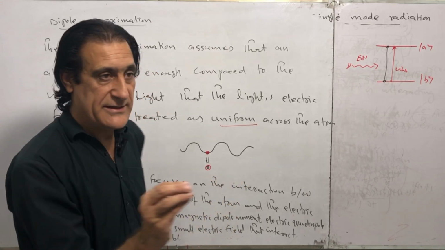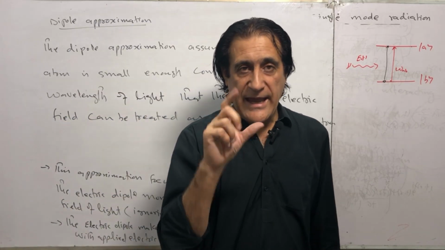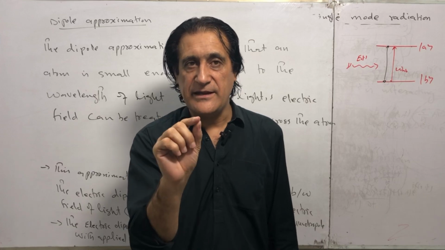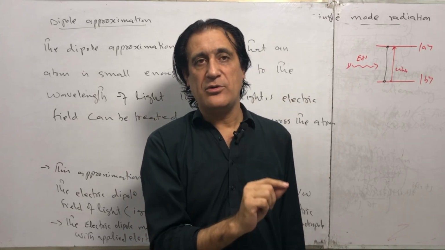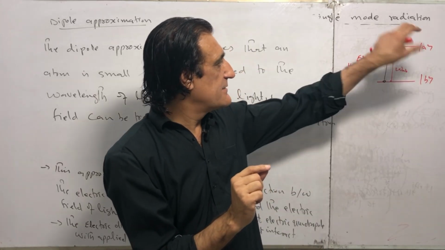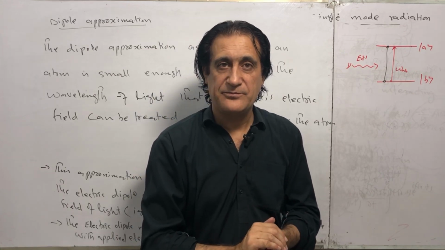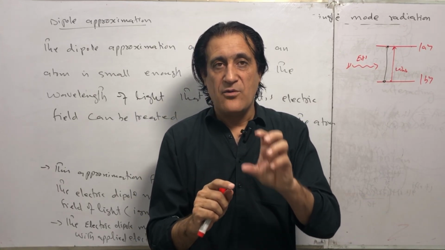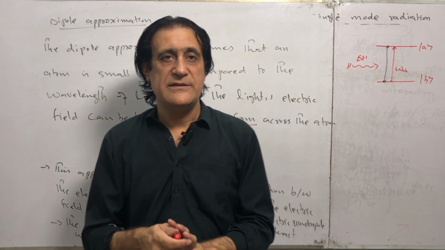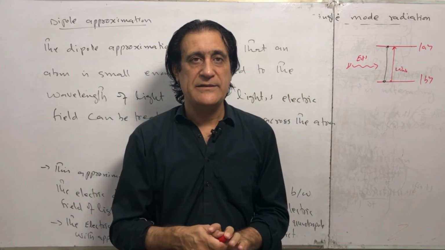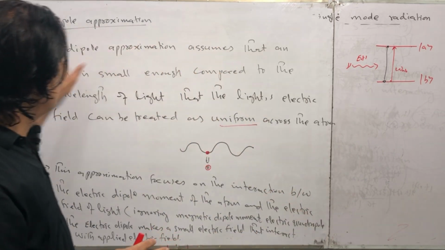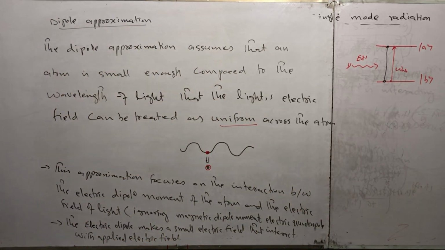So this is the point. Actually, the electric field interacts with the dipole of this system. So this is the approximation because we ignore the magnetic dipole moment and the electric quadrupole. So this is known as the dipole approximation.